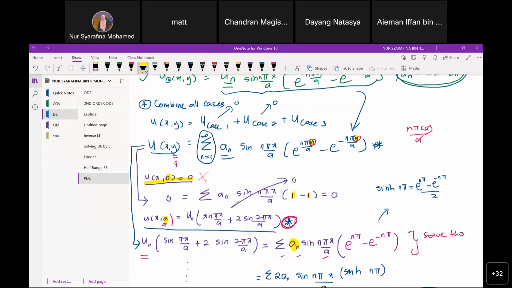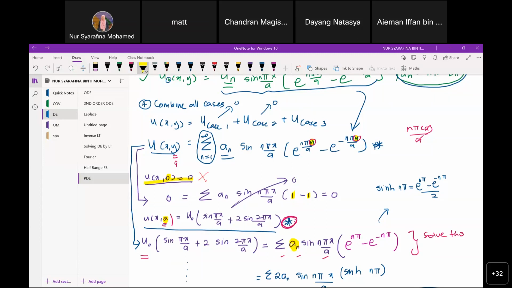It is not always like that. For this case, there is no Fourier series involved here, so you have to find the value of the constant manually.